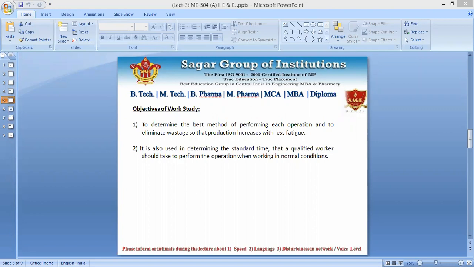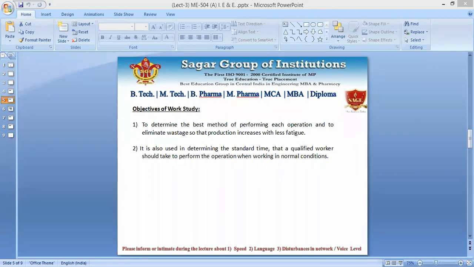That existing method of performing a job, we need to analyze systematically in order to develop a new and better method than the existing one. Another thing, we need to measure the work content of the job by comparing with the time to perform the job by a qualified worker, and finally we can establish the standard time. By a qualified worker means that person is qualified.